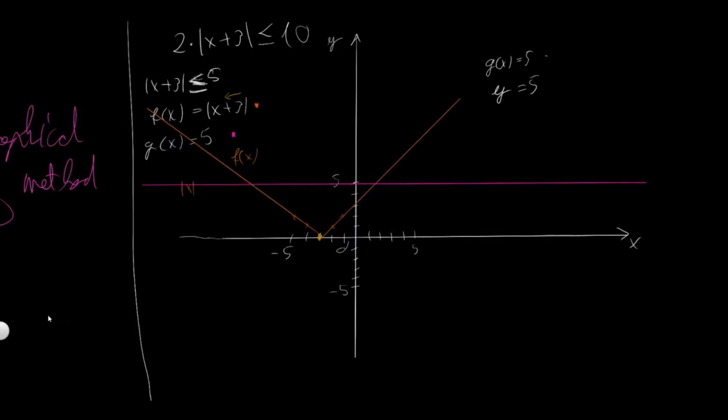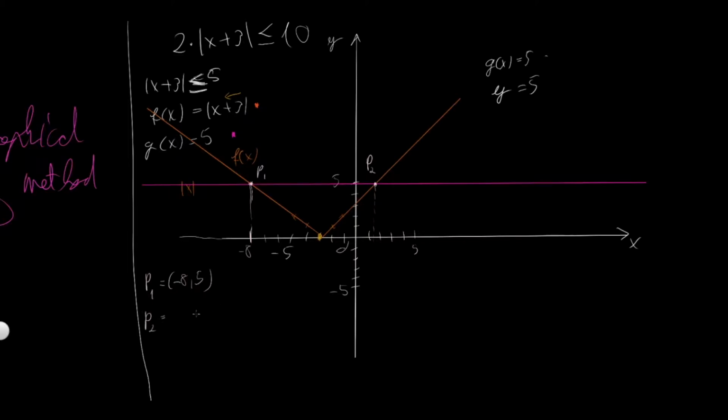So where these meet, we have to look for the x coordinates of these points, point 1 and point 2. The coordinates of these, of course, point 1 is somewhere 6, 7, well, let's say that's negative 8. So point 1 is negative 8, and the y, of course, is 5 in both cases.